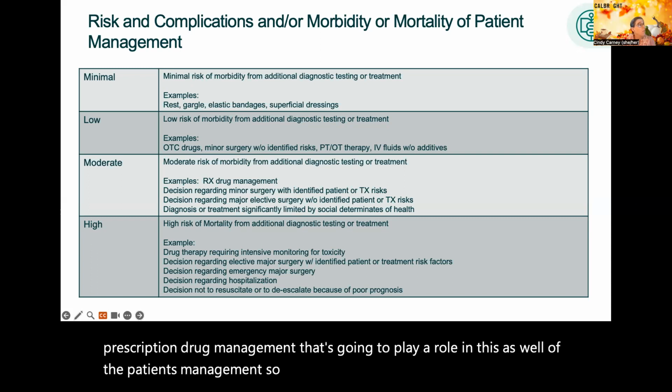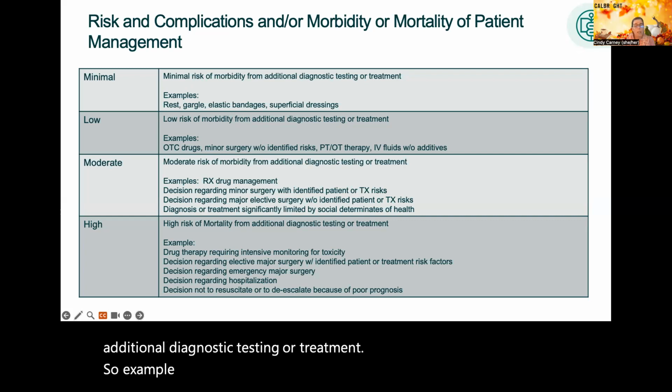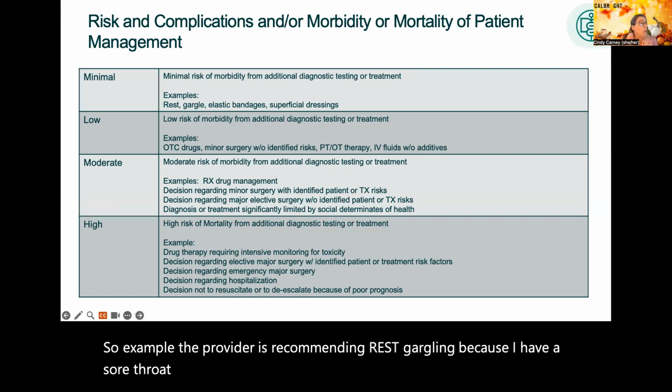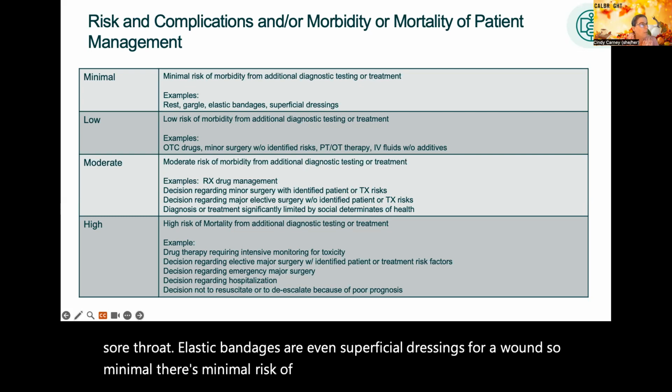So minimal risk of morbidity from additional diagnostic testing or treatment. For example, the provider is recommending rest, gargling because they have a sore throat, elastic bandages, or even superficial dressings for a wound. So there's minimal risk of complications and or morbidity or mortality to the patient.